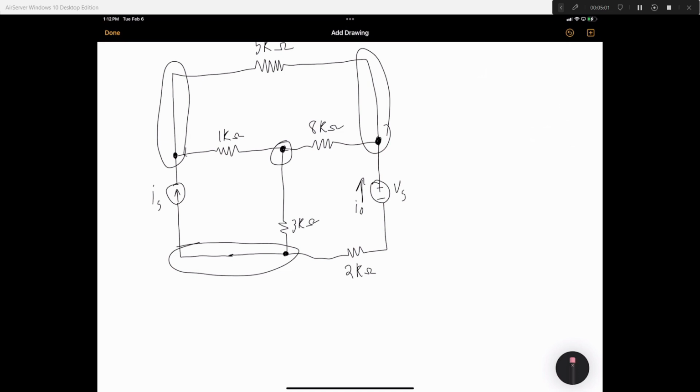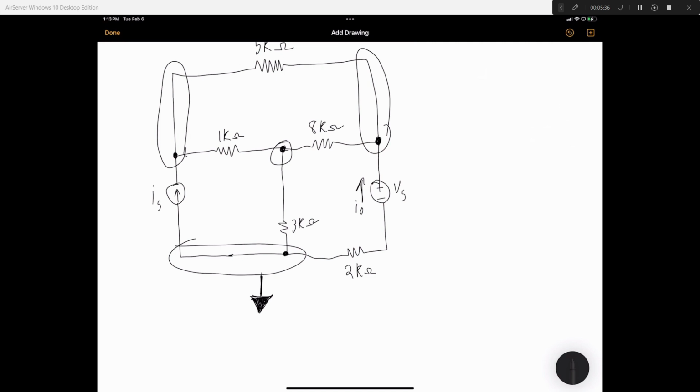But for this one, they all have the same number of elements, so we're just going to ground this bottom one here, connected to ground. So that's the first part of this homework: figure out how many essential nodes there are. Well, there's 1, 2, 3, 4, obviously, that I have circled. That's the number of essential nodes.